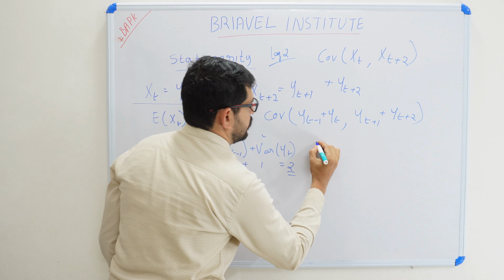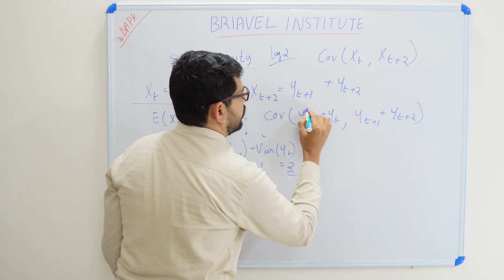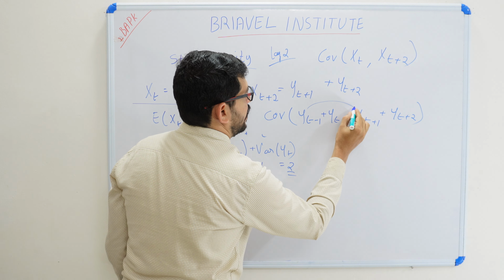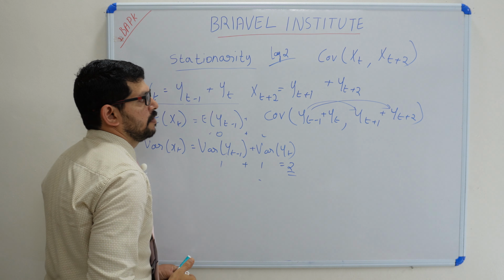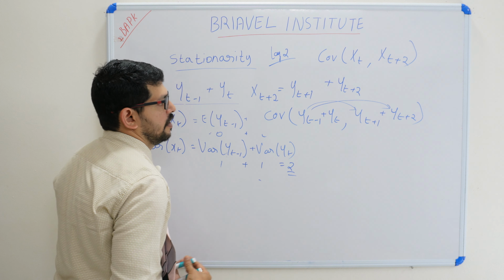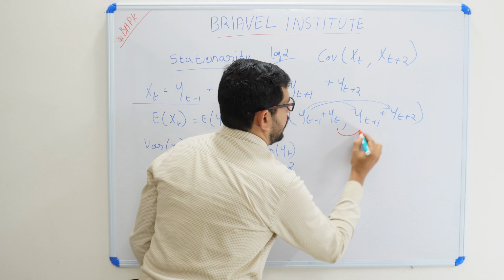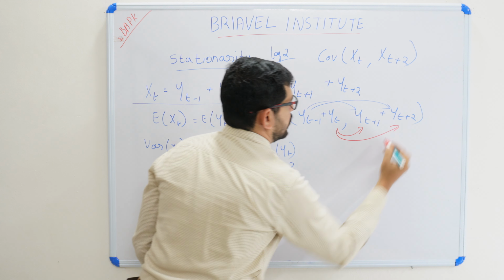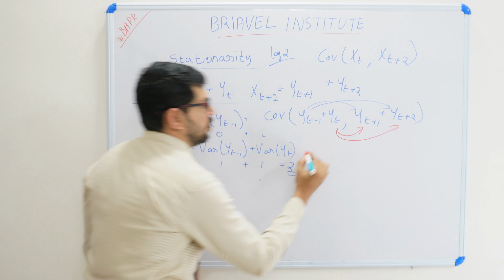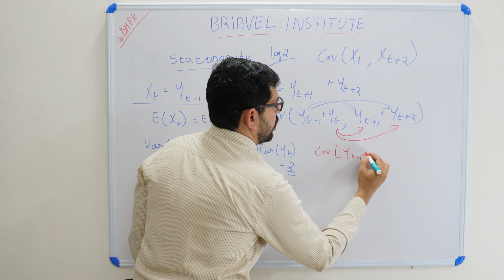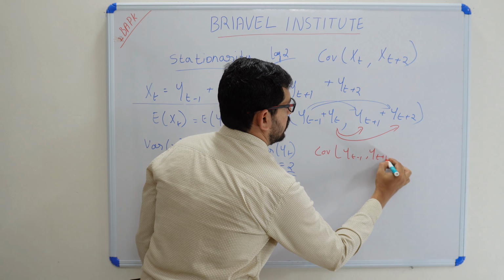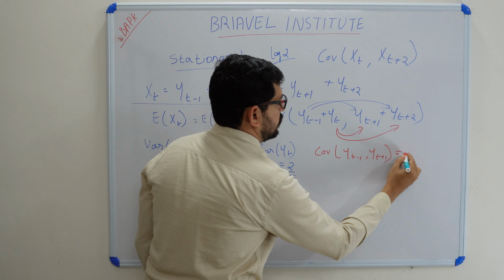How to write? This one is, we have to check first with the yt minus 1 with the yt plus 1 and yt with the yt plus 2, then yt with the yt plus 1 and yt with the yt plus 2. Covariance of yt minus 1, yt plus 1, there is no dependency, is equal to 0.